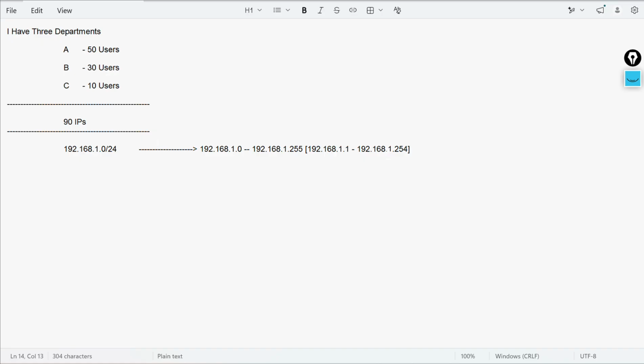Here, first we need to find out the highest requirement. What is the highest requirement? The highest requirement is 50.